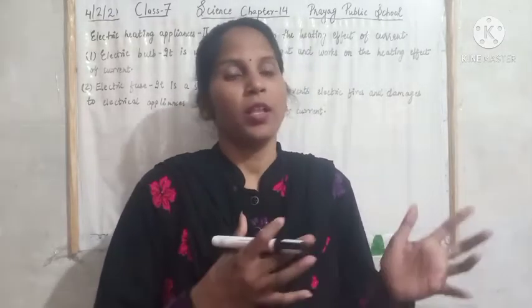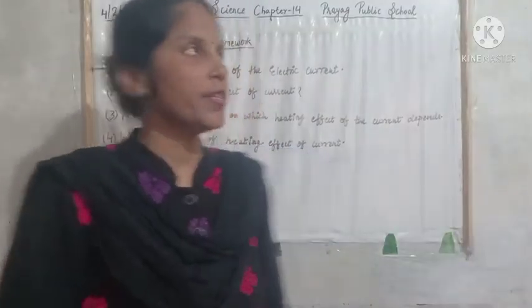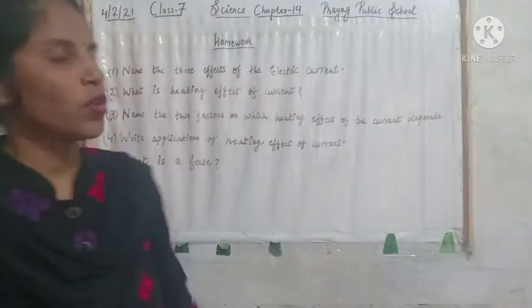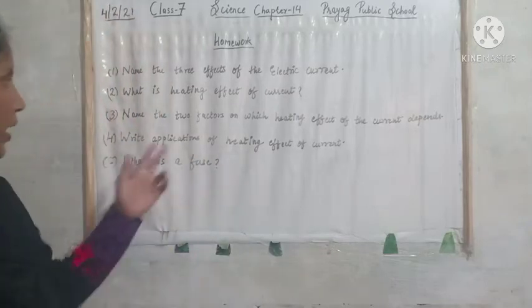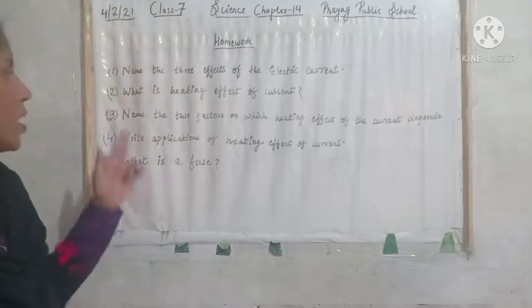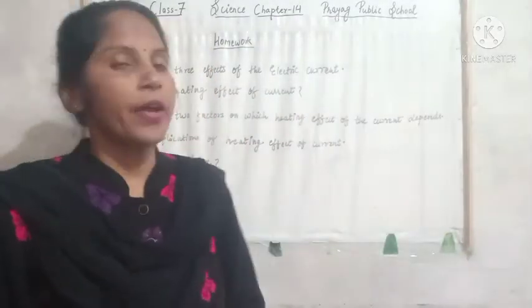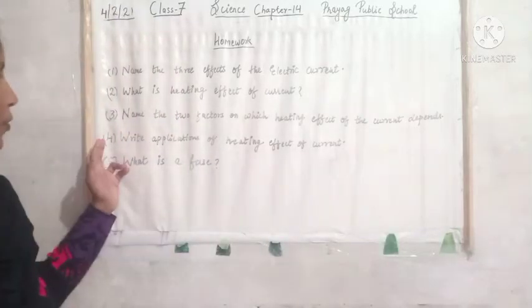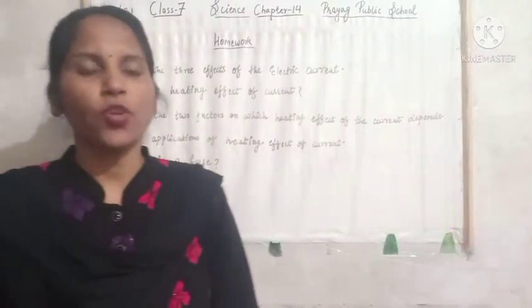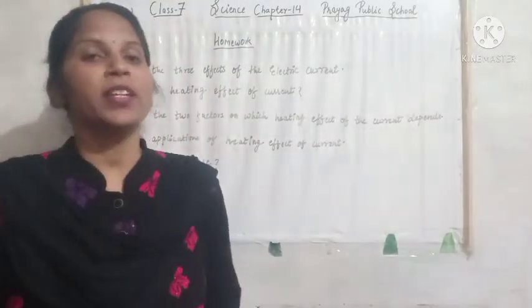Now note down today's homework. The first question is, name the 3 effects of the electric current. Question number 2 is, what is heating effect of current? Third one is, name the 2 factors on which heating effect of the current depends. Question number 4 is, write applications of the heating effect of current, and the last one is, what is a fuse?